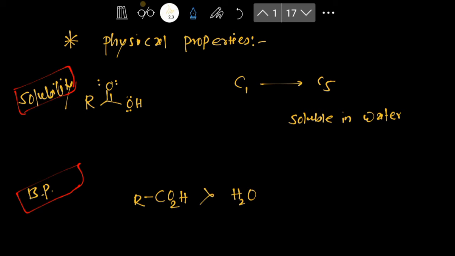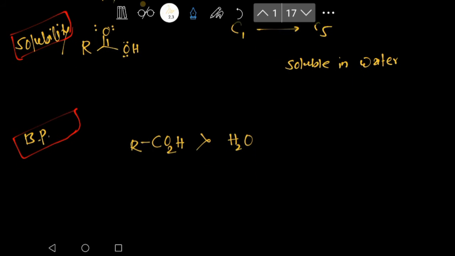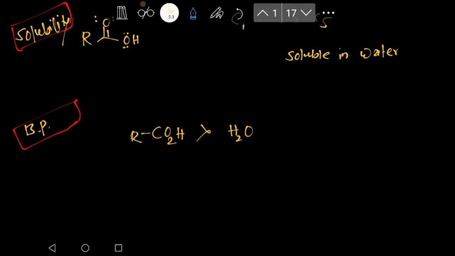The difference is because of more hydrogen bonding, and carboxylic acids show a particular type of hydrogen bonding. I will show you the structure of why carboxylic acids are soluble in water. This is one more carboxylic acid.